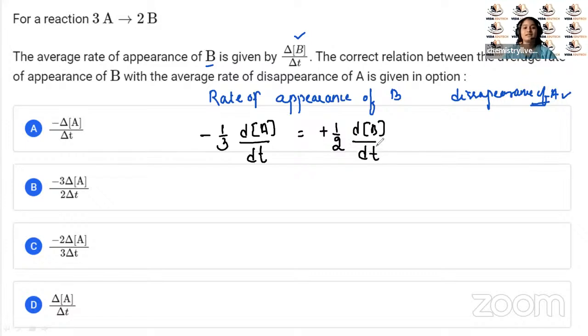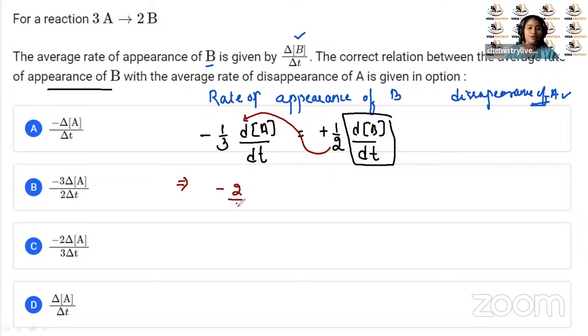We are asked about the rate of appearance of B, so we need only dB by dt. If I need only dB by dt, this 2 has to go this side. So it implies minus 2 by 3 into dA, or we will not use d here. The delta is given, the average rate, so we'll write del A by del T, right?